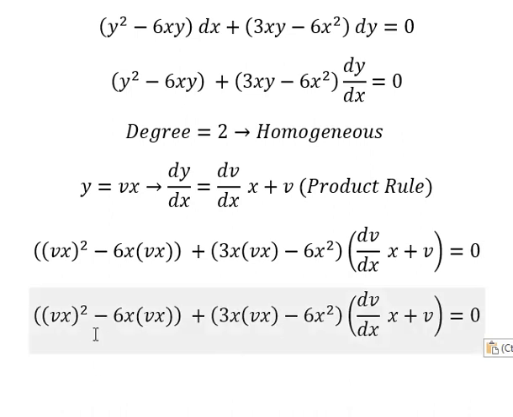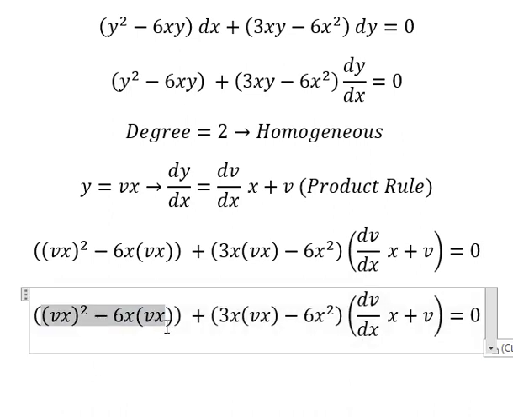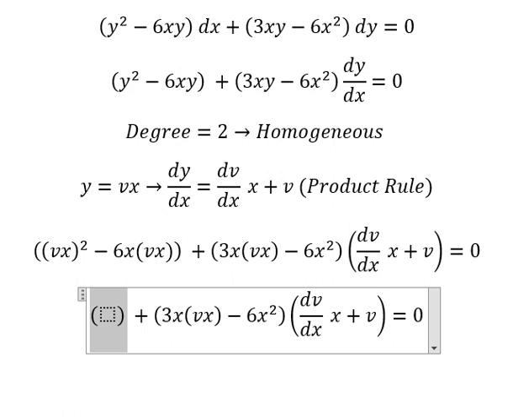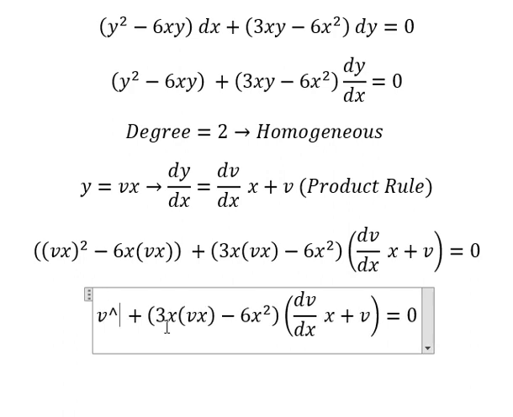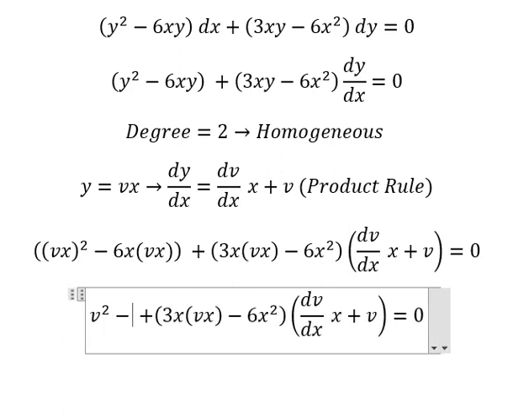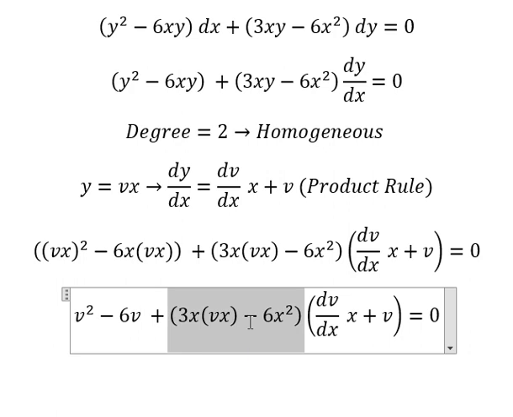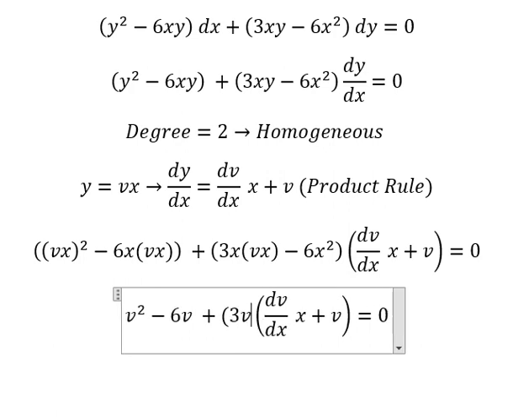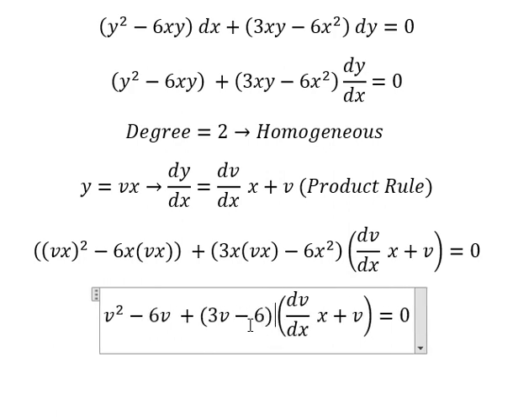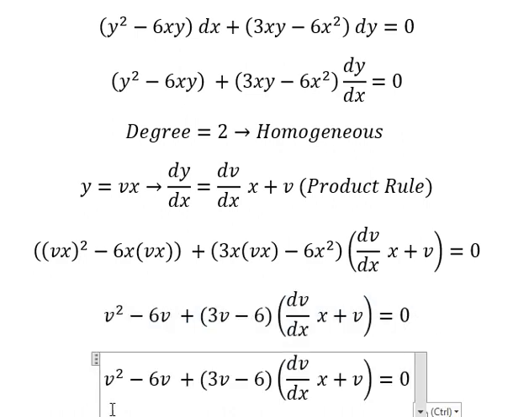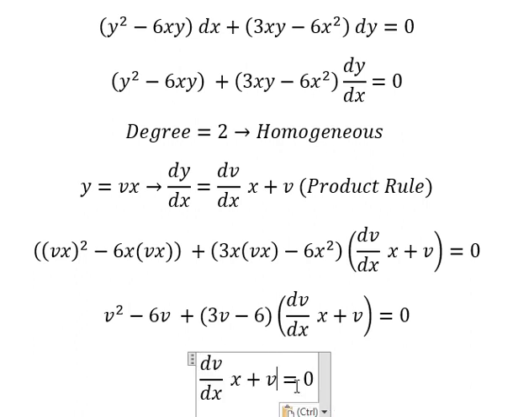Now we need to simplify x squared for both sides, and now we have it like this. Next, I will put this one to the right, and we divide both sides by 3v minus number 6. So that should be like this.